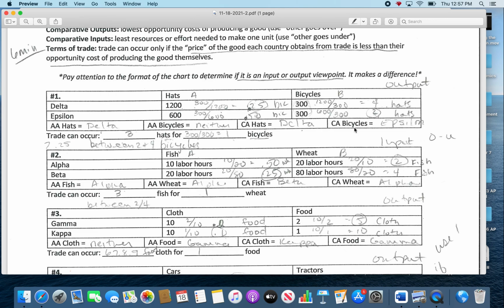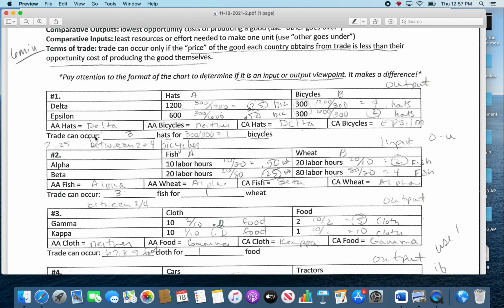To make bicycles, Delta has to give up 4 hats. Epsilon has to give up 2 hats, so they have the lower opportunity cost. And going back, if one has the lowest opportunity cost in making one, the other has to have it in the other. The same company or person cannot have the comparative advantage in both.